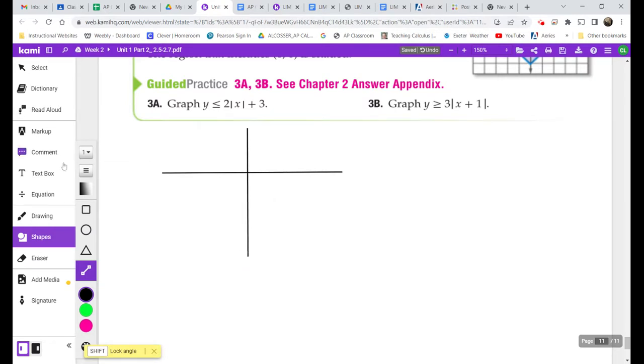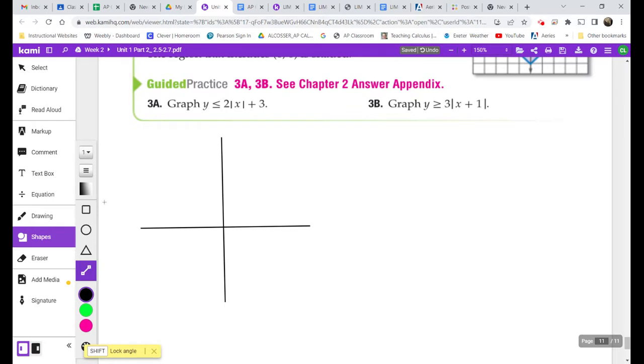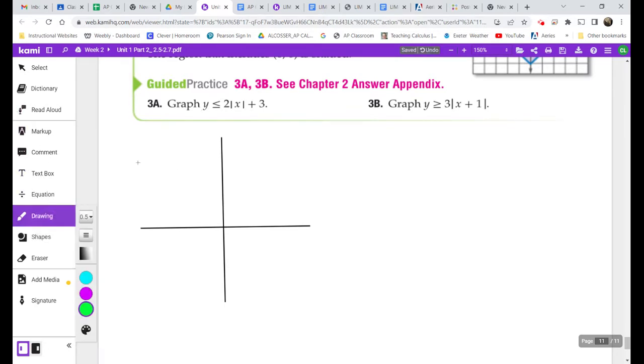All right. So if you guys remember from yesterday, I'm going to have to draw this differently because I'm just looking at what the graph looks like. So let's look at our inequalities here. Greater than or equal to means it's going to be a solid line. My parent function is an absolute value that looks like that.